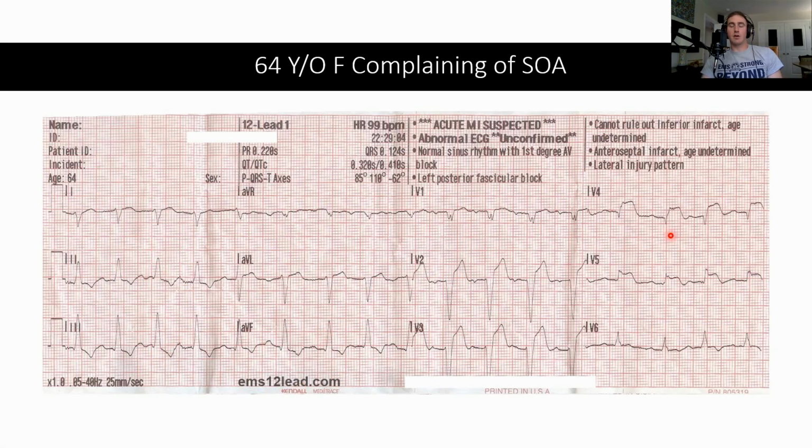But once we get over to V4 and V5, you see that you have a positive QRS complex here, but you also have a positive ST segment. So this is an obvious STEMI in the setting of a left bundle branch block, and this patient gets 5 points.